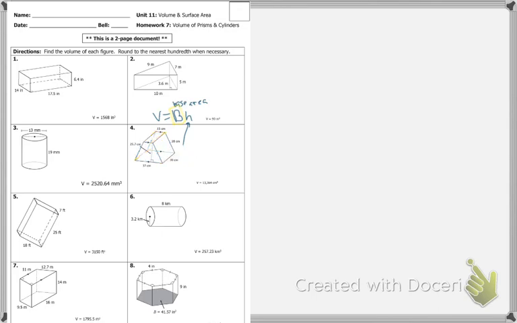So, now that we figured that out, we need to know what big B equals, the area of a trapezoid: one half, add those two bases, and multiply times the height of the trapezoid, not the height of the prism, alright?